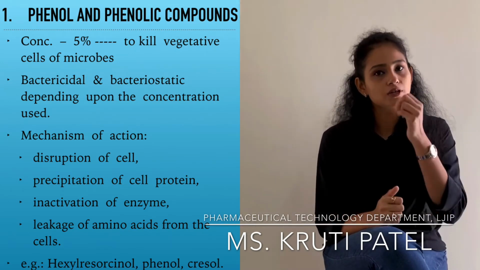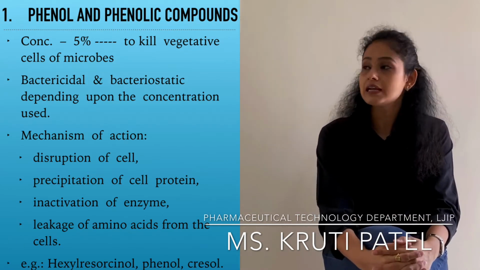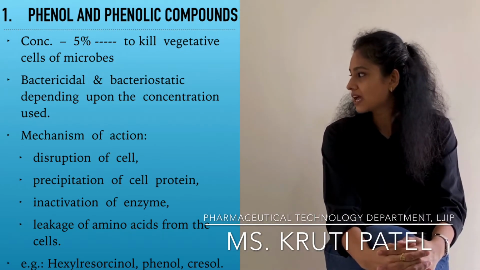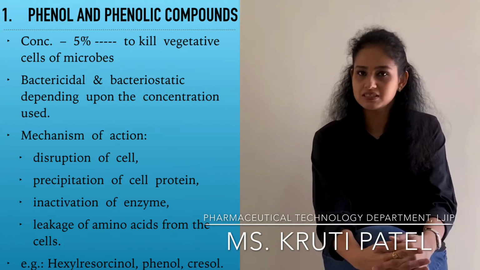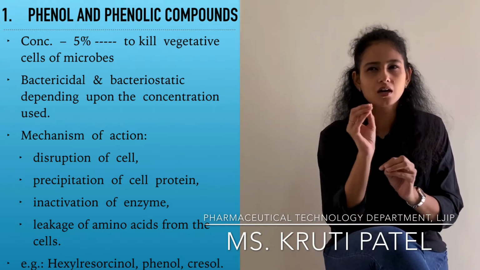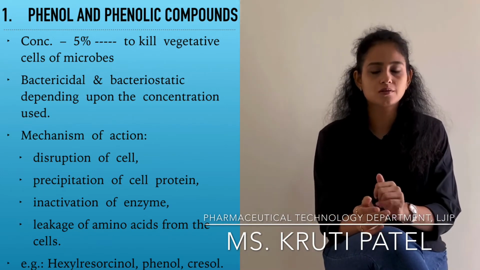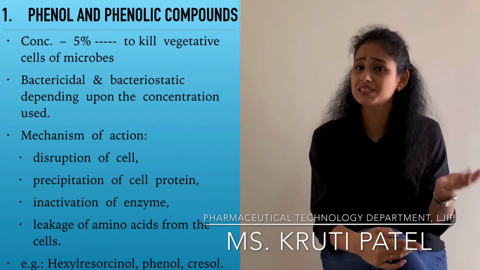Now if you look at the mechanism of killing of microorganism, there are 4 different mechanisms. First is disruption of cell, that means it ruptures the cell of the microorganism. The second one is precipitation of cell protein, means cell proteins will precipitate out.